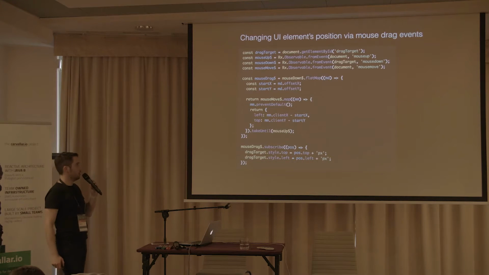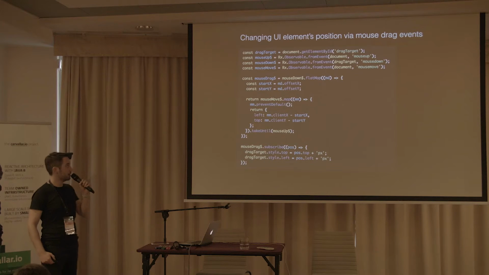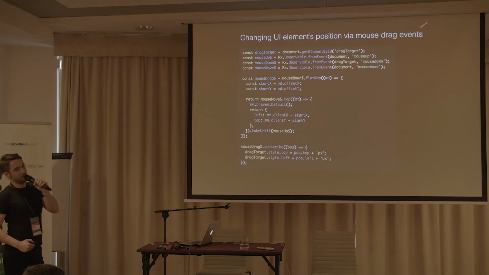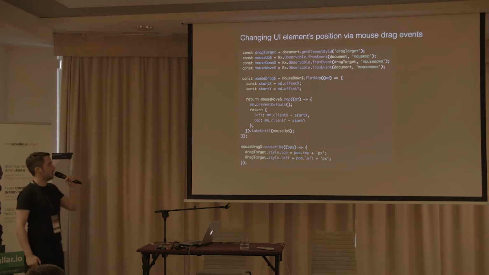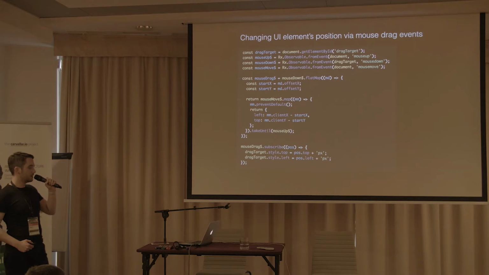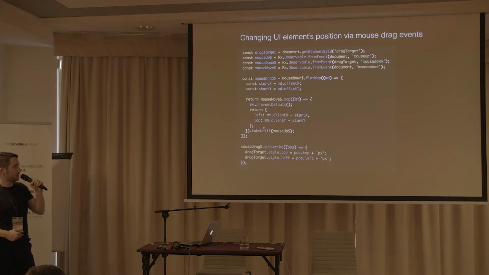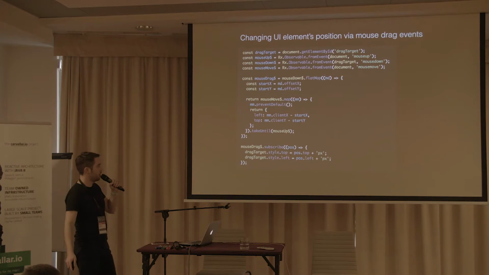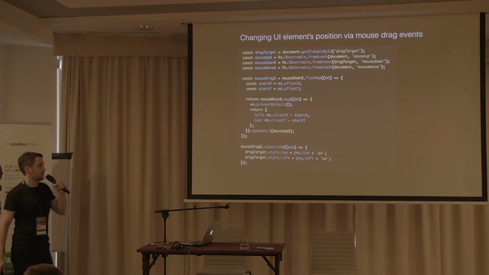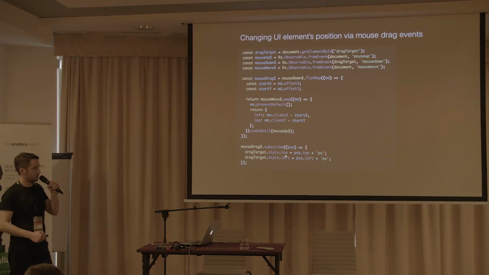From a high level, it's all about listening to the mouse down events on some element that we want to drag, and then using flatMap, of course, I'm listening to the mouse move events that are only listened to until the mouse button is released. So the operator says takeUntil mouse up. Imagine that you click, you drag, that's a mouse move, and then you release the mouse button, mouse up. All these things are subscribed to, and the position of the element is changed.